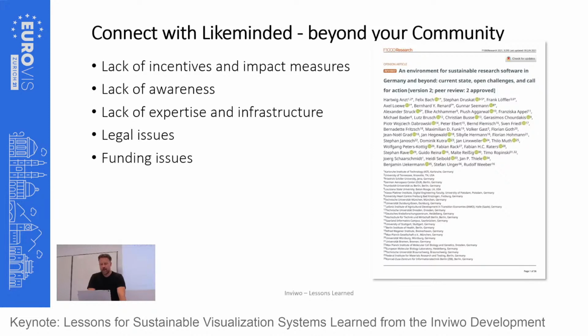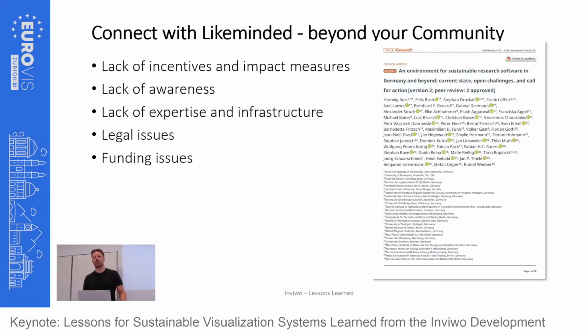And together we had a workshop, I believe it was in 2019, where we have identified certain challenges in this environment. And yeah, I just wanted to point out a few here, which I think really need to be addressed by our community or by others. And most important, it's a lack of incentives and impact measures.